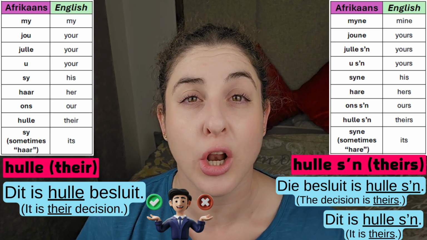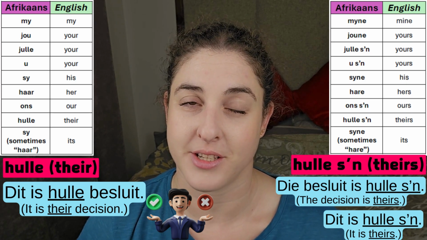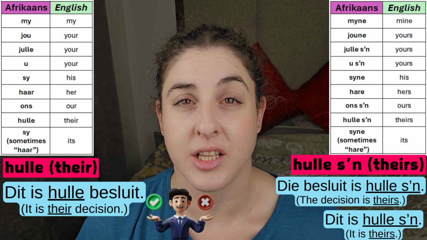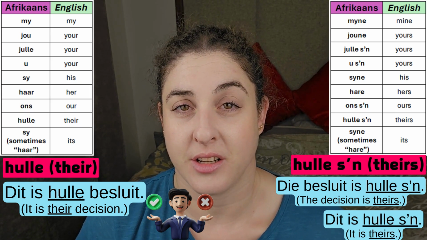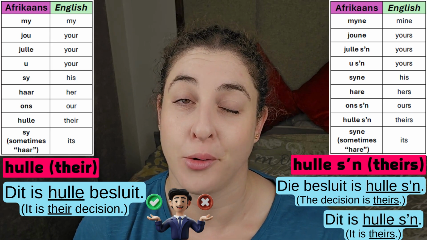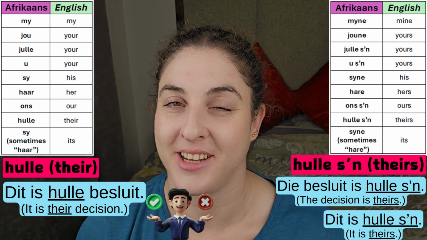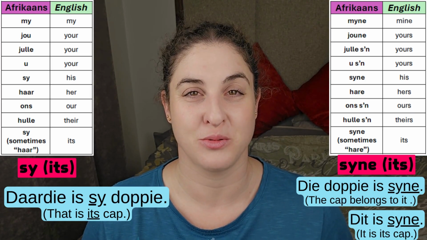Dit is hulle besluit. It is their decision. And on the other side, hulle s'n, theirs. Die besluit is hulle s'n. The decision is theirs. Or, dit is hulle s'n. It is theirs. And then we come to the last one.